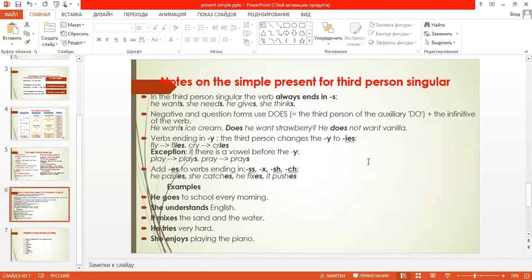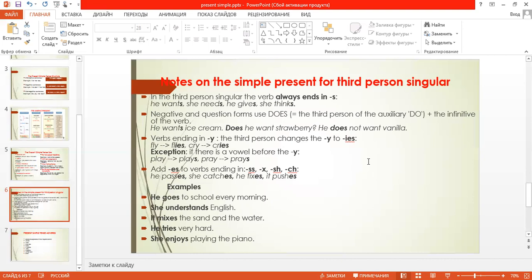Next, in the third person singular, the main verb takes s, but there are some rules that we should follow, because there are many verbs in English that end in letter Y. And when we add s to this kind of verbs in present simple tense, the last letter Y in some cases changes to letter I. In some cases, it stays without any change.